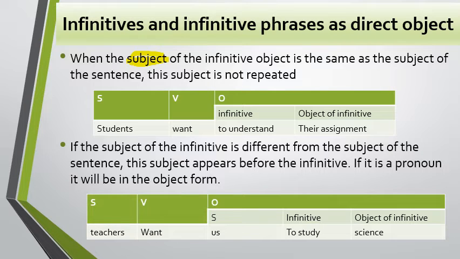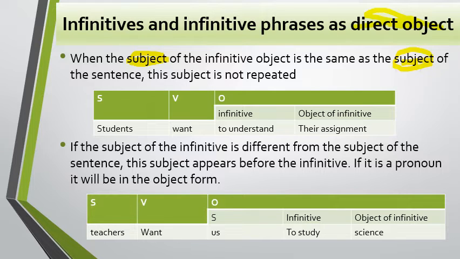If the subject of the infinitive is the same as the subject of the sentence, and the infinitive comes in the position of direct object, we will see that this subject is not repeated.